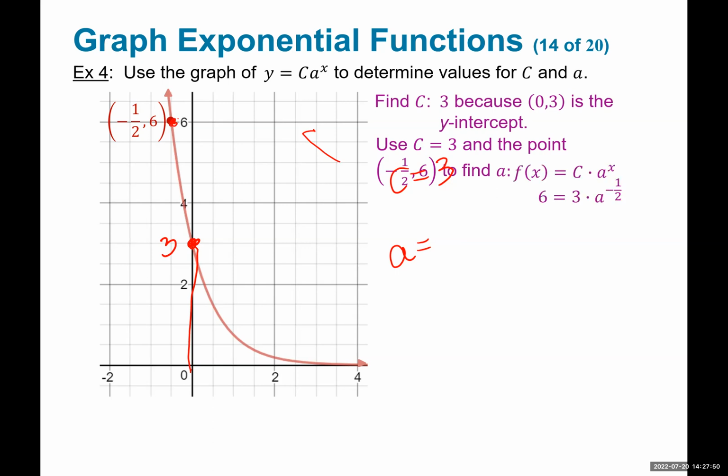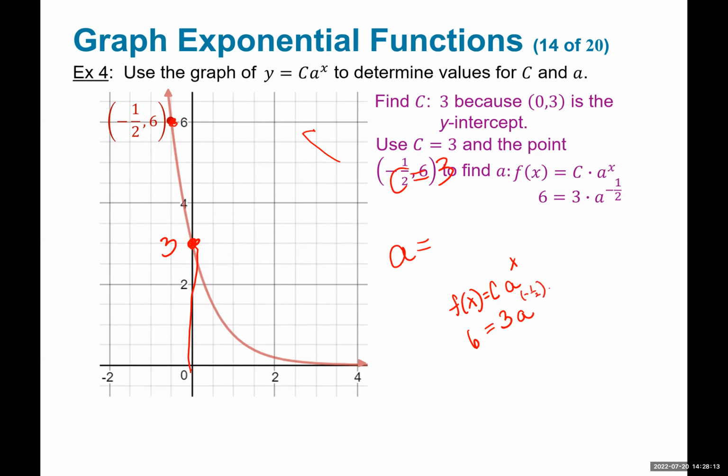And so we have the function f of x equals C times A to the x. Well, C is 3, and our y value in our point is 6. We don't know A, but we know our x value is -1/2.